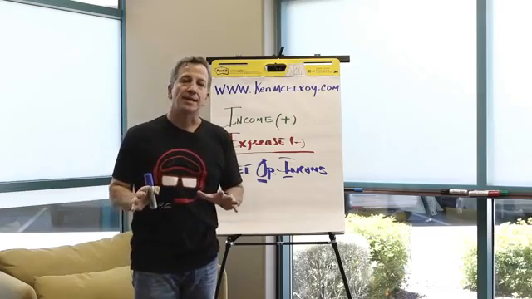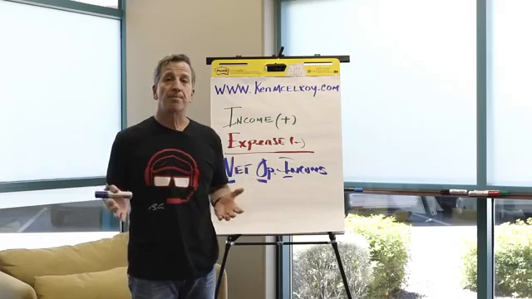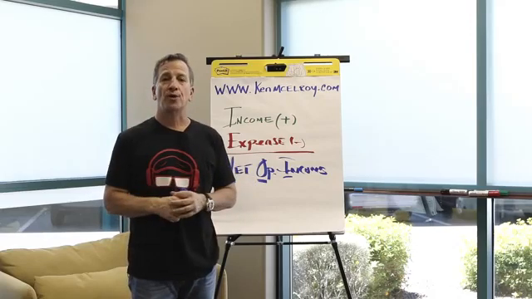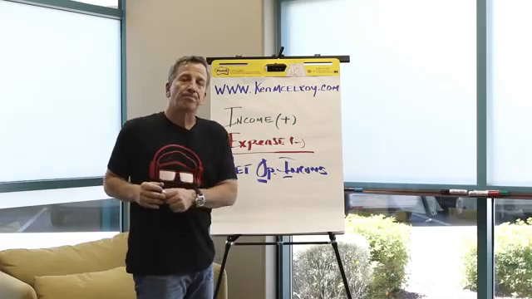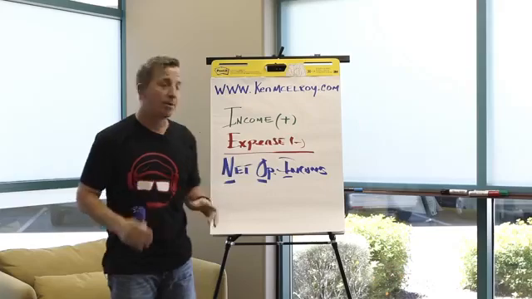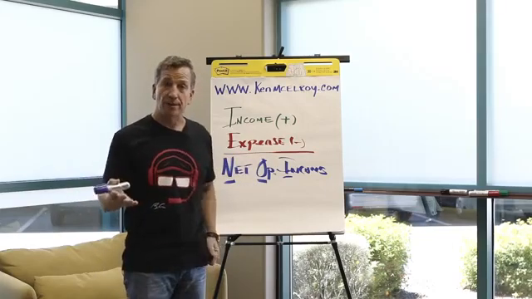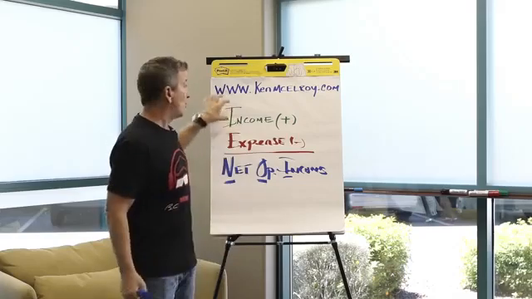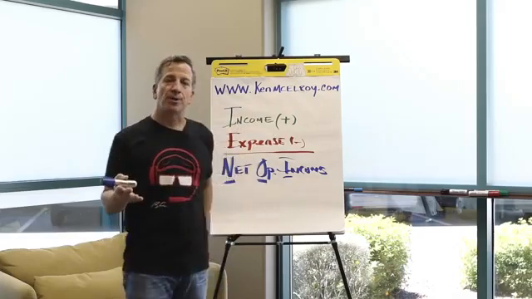So NOI is your income after your expenses. How much money do you have left over after expenses? Now, for many of you, that's zero or even negative. So if you don't have a job, your expenses are higher than your income, probably. But if you do have a job, hopefully your income is higher than your expenses. Same thing with an apartment building.